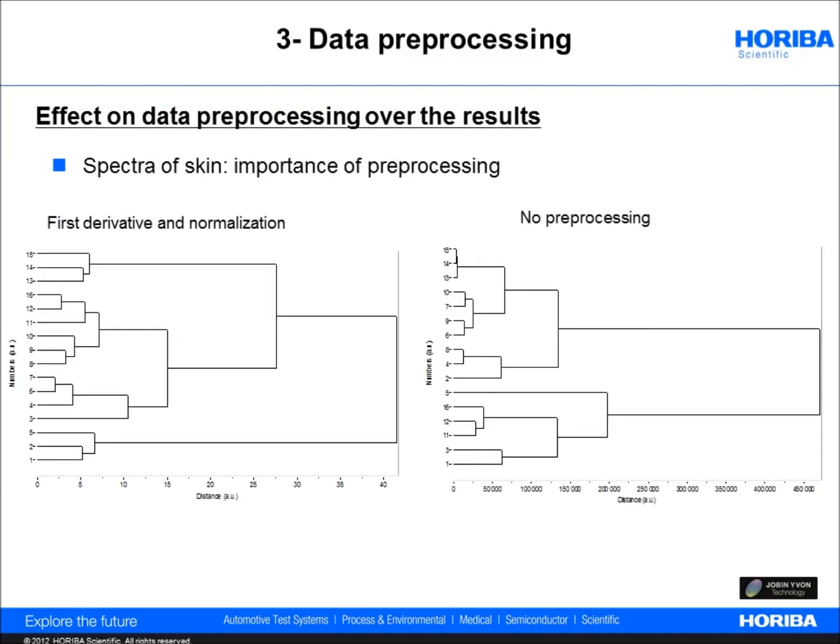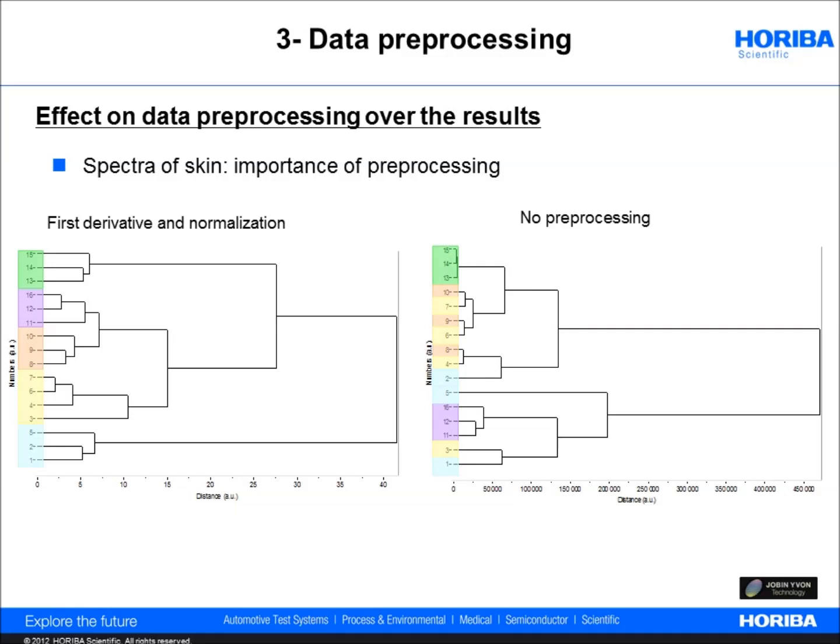To prove the usefulness of data preprocessing, let's have a look at the results of the clustering example with and without preprocessing. The picture dramatically changes and the expected classification is no longer observed. The conclusions of the experiment might have been completely wrong if no preprocessing had been applied to the data.